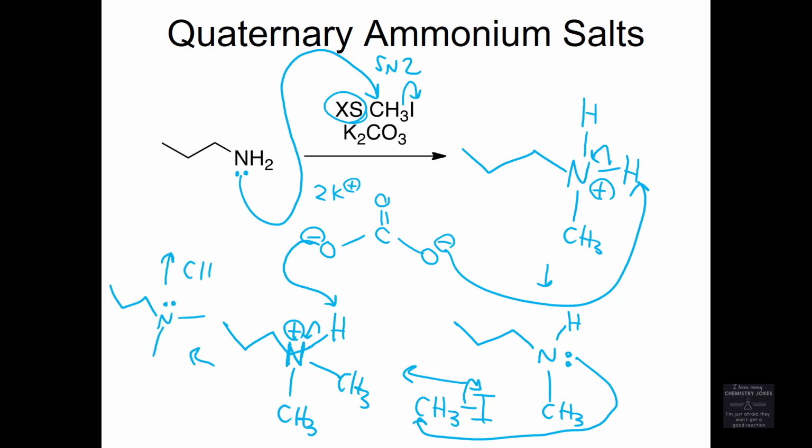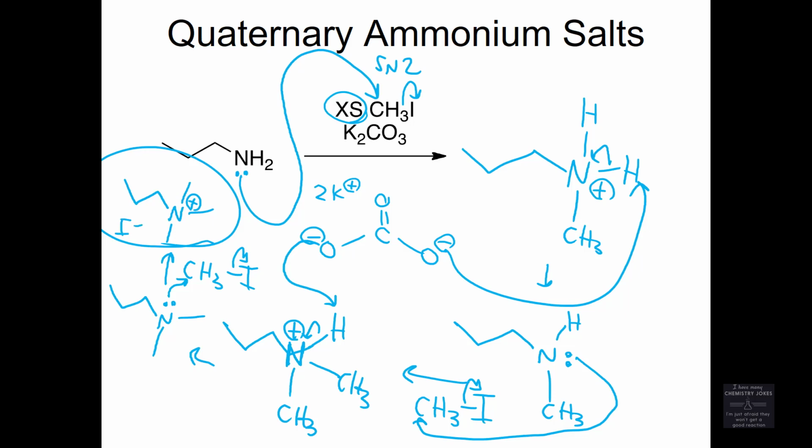That tertiary amine can react with one more equivalent of your methyl iodide to give you a quaternary ammonium salt. Here's my quaternary ammonium salt. It's a salt, that's the cation, but where is the anion?